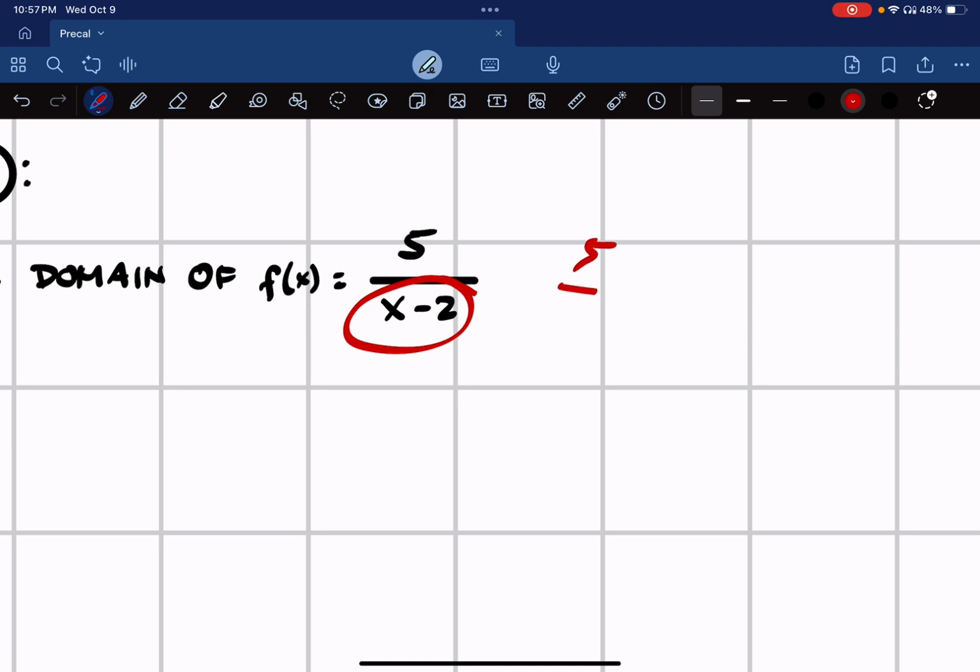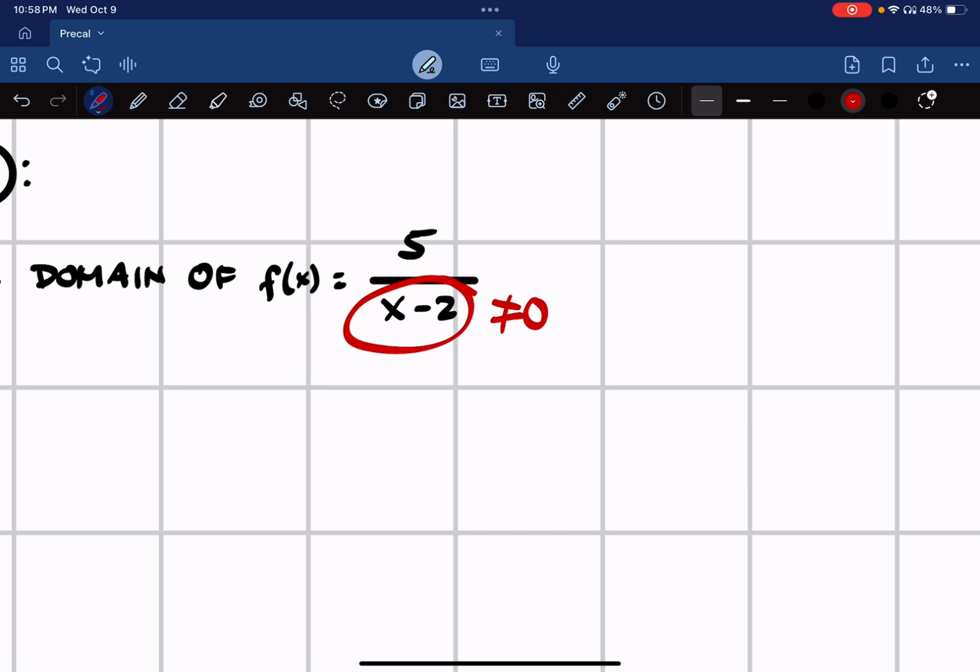Since kung mag 5 over 0 na diha, indeterminate man na, di man na number. Meaning, ang expression sa denominator na x minus 2 must not be equal to 0.